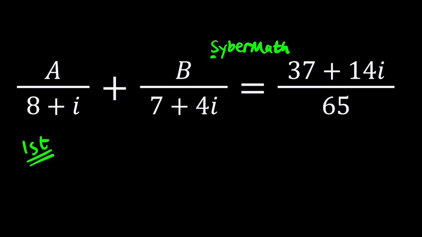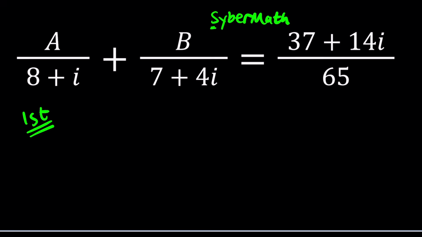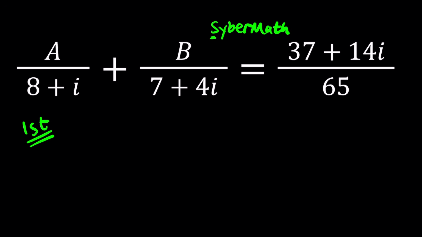Okay, great. Now let's see how we can solve this problem using a method that you should probably not be using. But why am I showing it? Just for fun, okay? Sometimes you learn from the wrong methods too. Not wrong, it's definitely going to work, but you'll see what I'm talking about in a little bit. So with partial fractions, we make a common denominator, so why not do the same thing here?